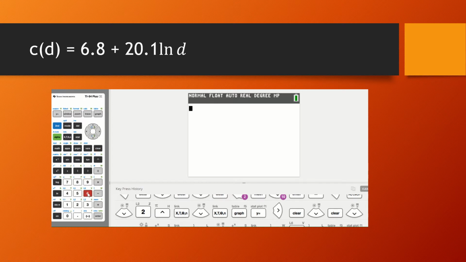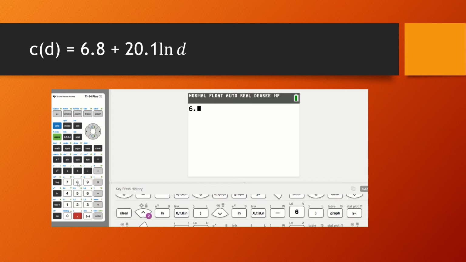So let's go see. We got 6.8 plus 20.1 times, well, let's try it this way, times the natural log of 12.